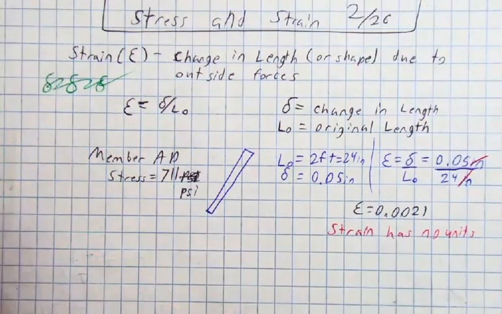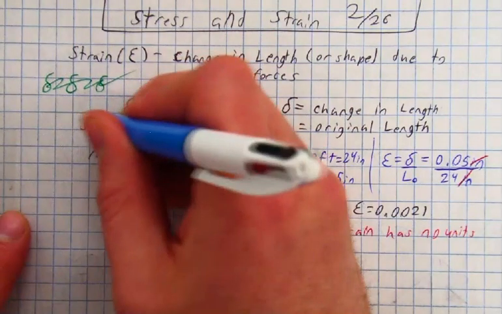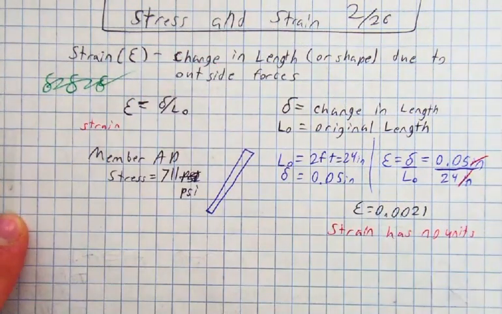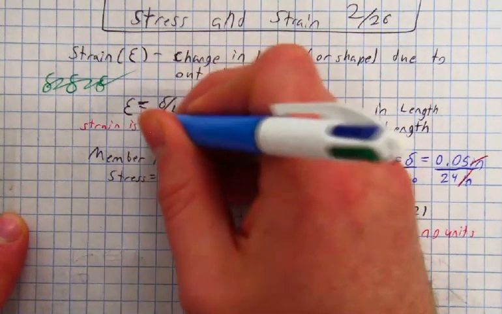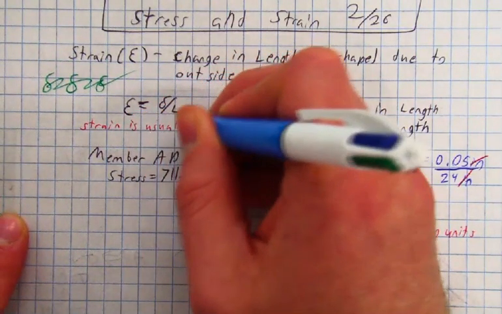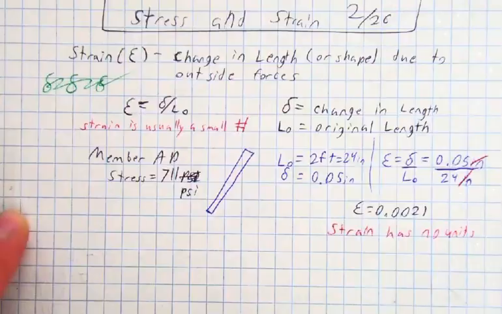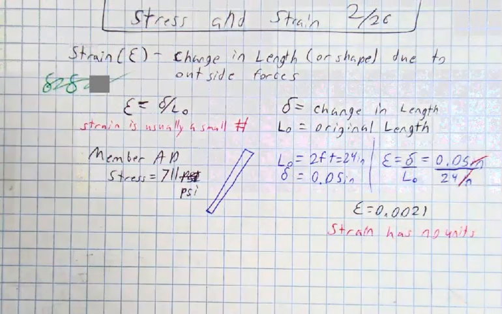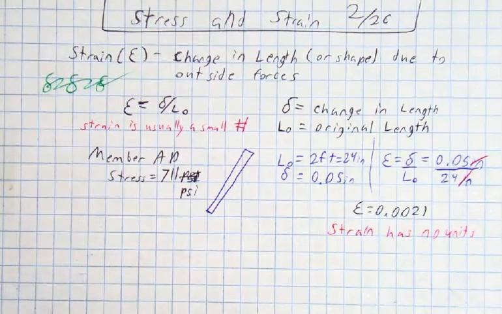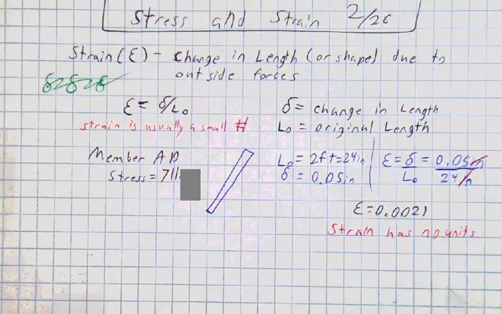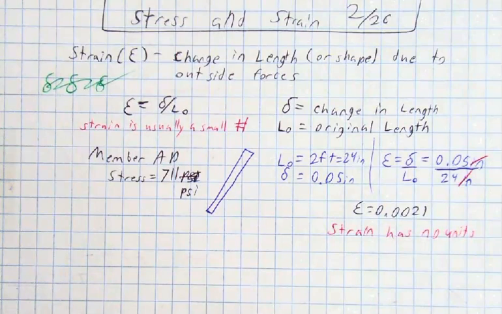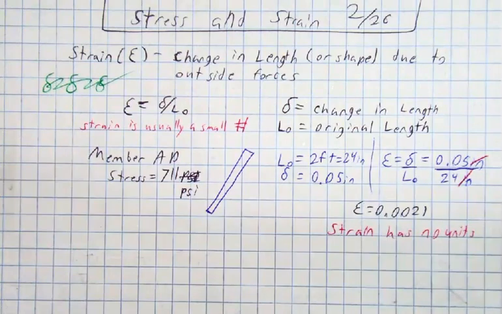The last thing I want to point out is that strain is usually a very small number, which also makes sense because the change in length when you apply a force, unless it's a rubber band, wouldn't change very much for the most part. So you should get a very small number for strain. So if you're calculating strain and you get 3,000, you're probably wrong. Look at it again. Make sense?